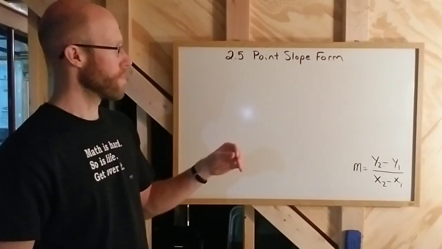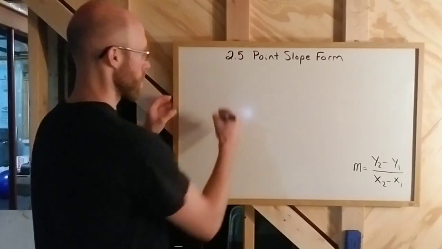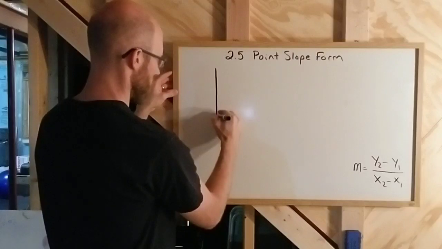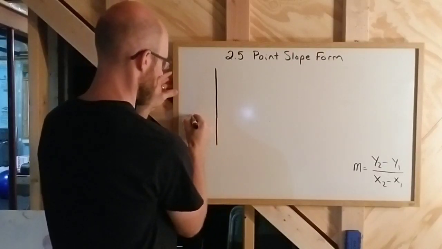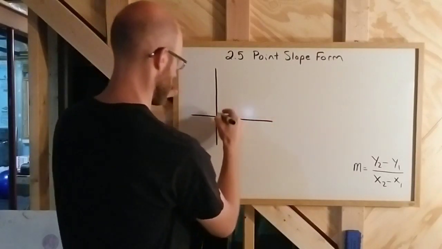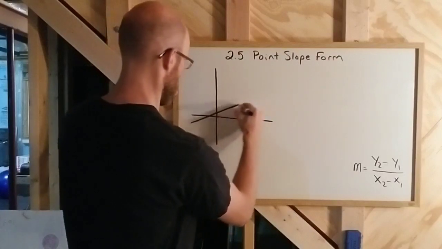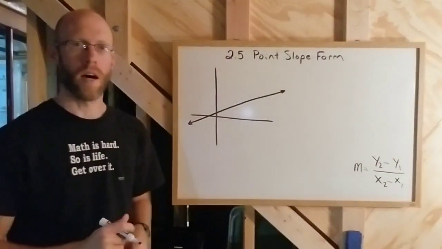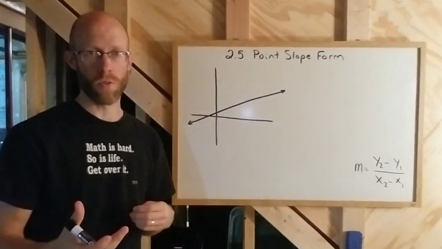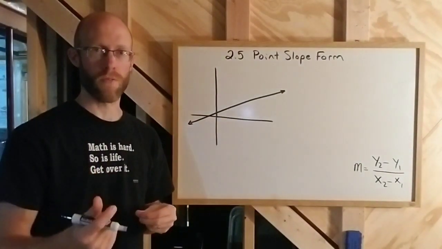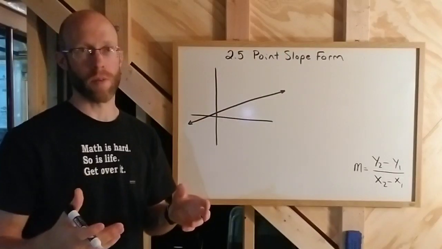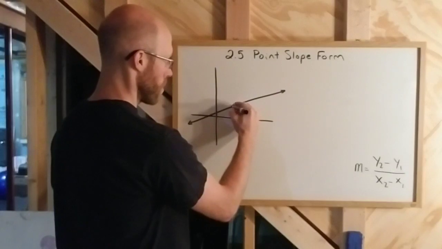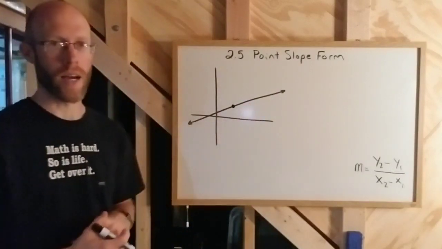Well, now if you have a line, and let's just set up a very basic illustration. So here's a line. If I were to give you an individual specific point, like say the point 1, 3, you could find that point on the line.